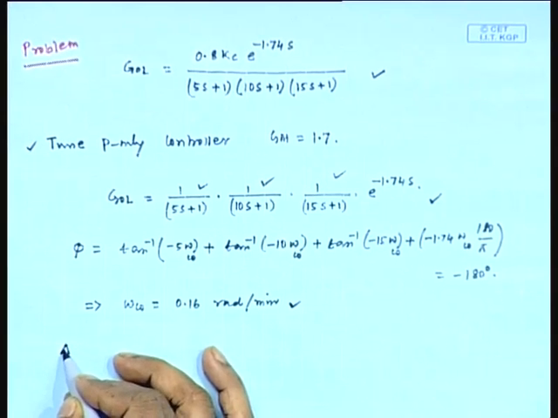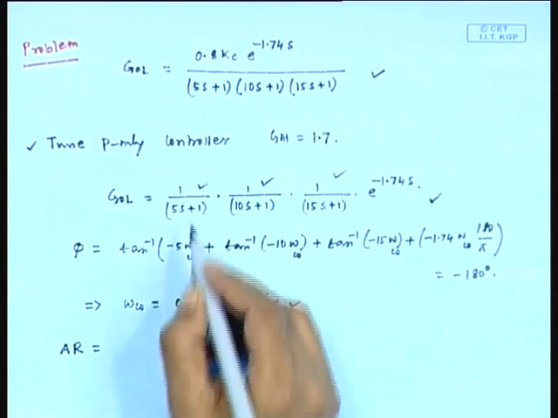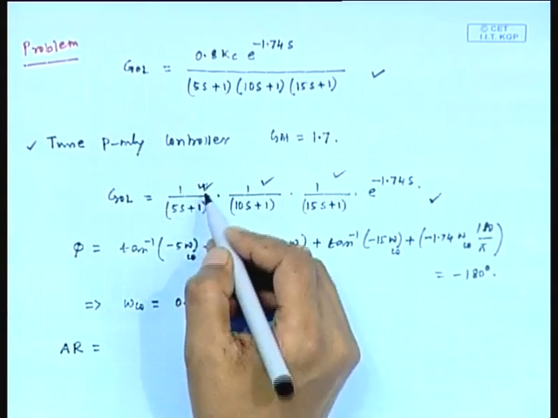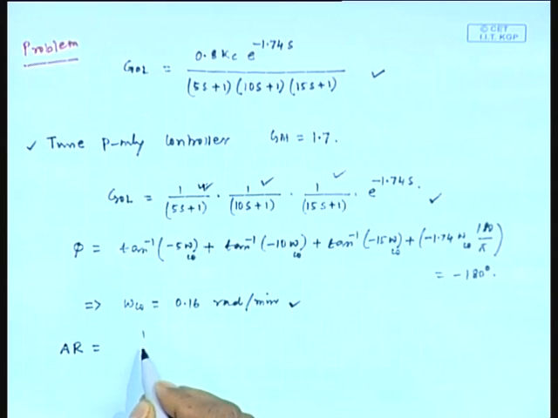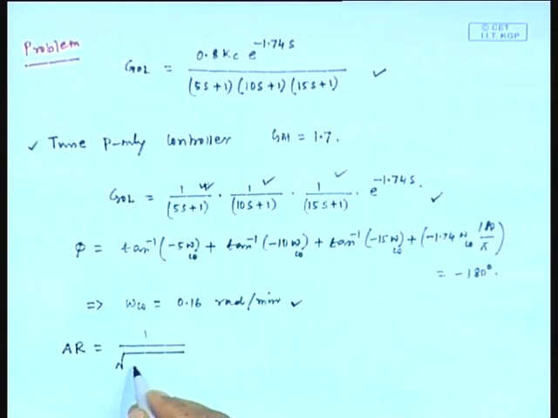Now, in the next step we need to write the expression for amplitude ratio. For this transfer function, what will be the amplitude ratio? 1 divided by the square root of 5 omega whole square plus 1.